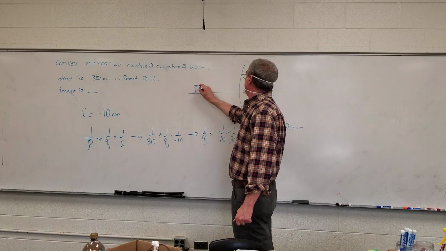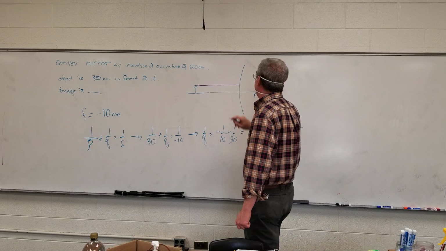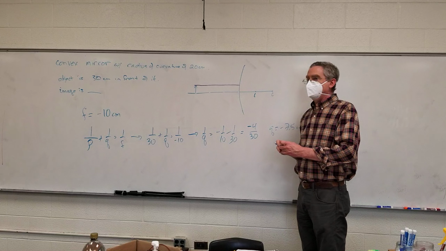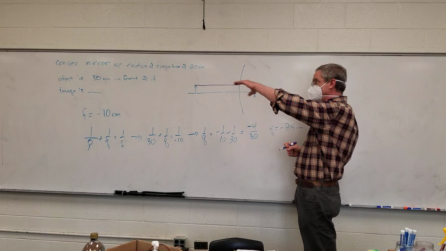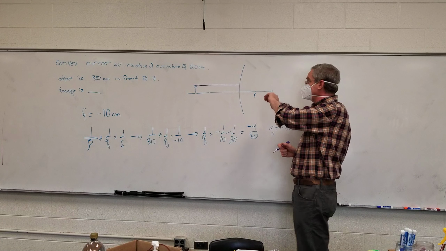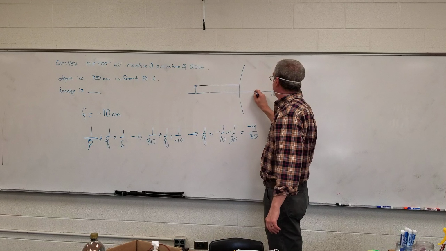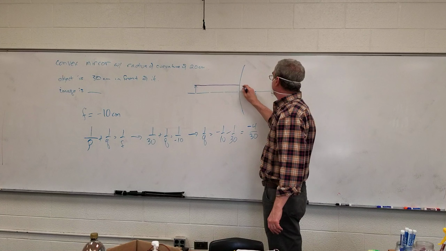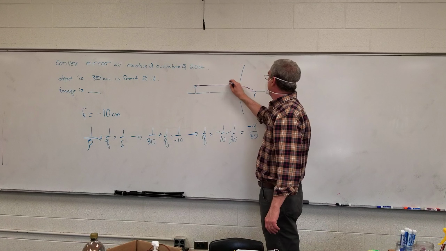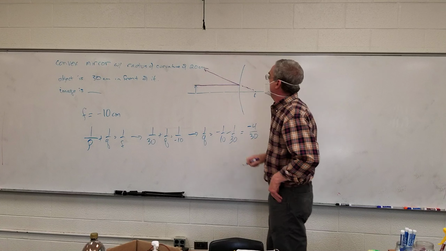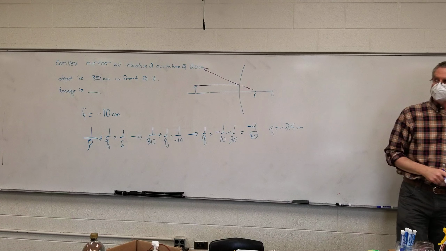So the light's coming in, boom, and it hits. Now before, light coming in straight would bounce towards the focal point; this time it's gonna go away from the focal point. So sort of a virtual focal point right there, and the light's gonna bounce off like that.